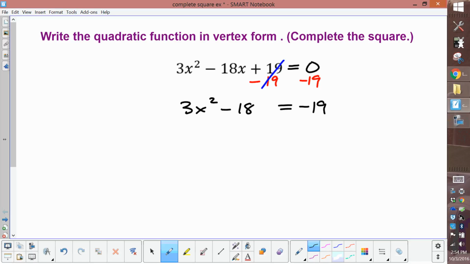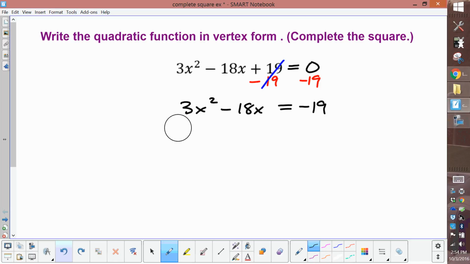Okay, the next step is I would prefer that this 3 wasn't there. I want a leading coefficient of 1, much easier to factor. And I notice that in this term, I can pull out a 3, and in this term, I can pull out a 3. Oh, I forgot an x right there.